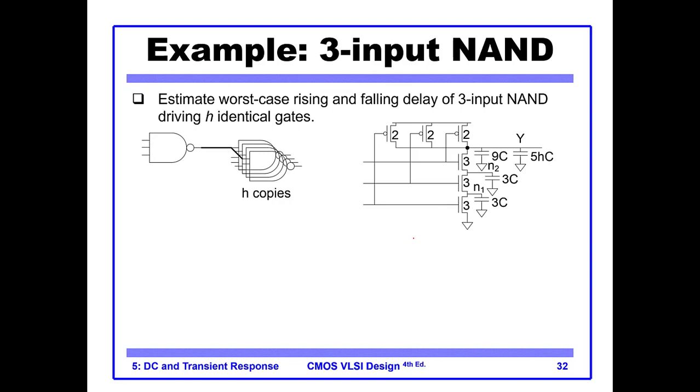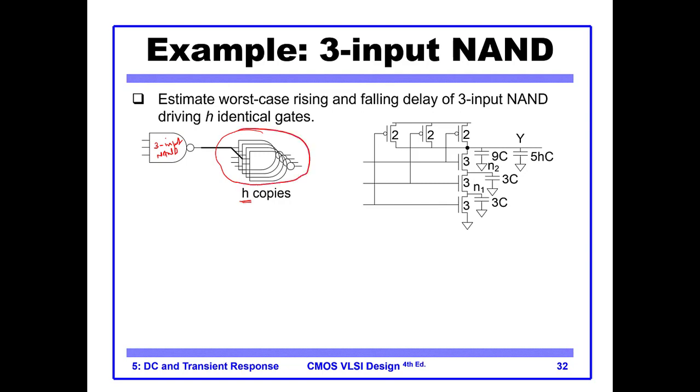So let's come to another example. I don't know if this is example 4.3 or something. In this one we have our 3 input NAND gate, and our 3 input NAND gate is connected to H copies of other NAND gates.